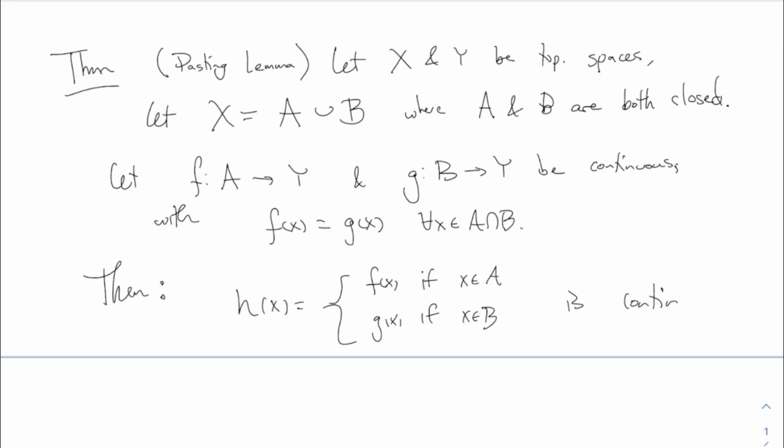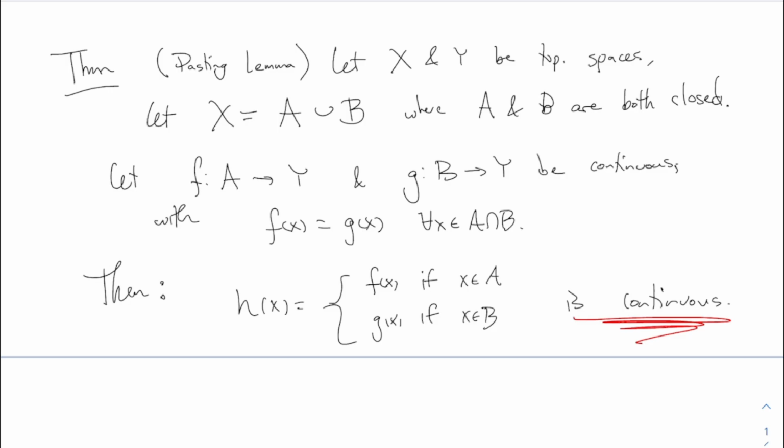That's the whole point of the theorem. You can paste them together into this function h, and that function is continuous. So this is the long statement of the theorem. And this really is the whole part that we have to prove. Just the fact that when you paste it together, it ends up being continuous.